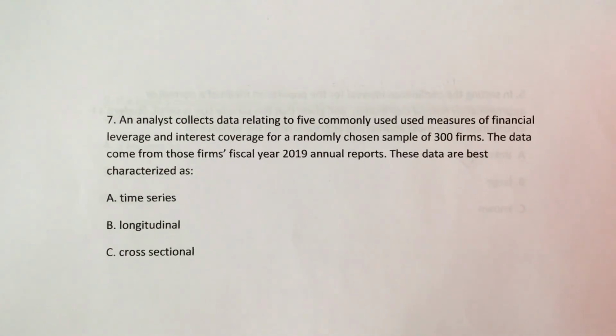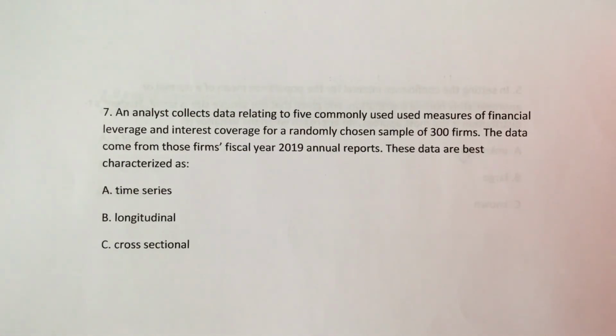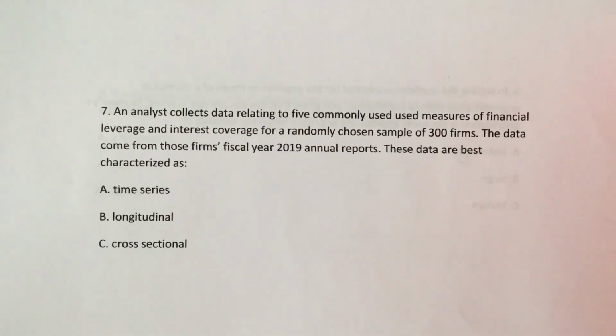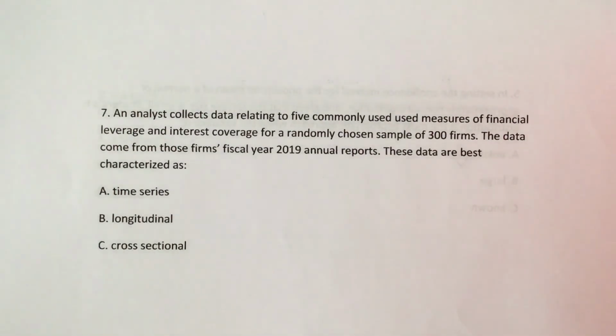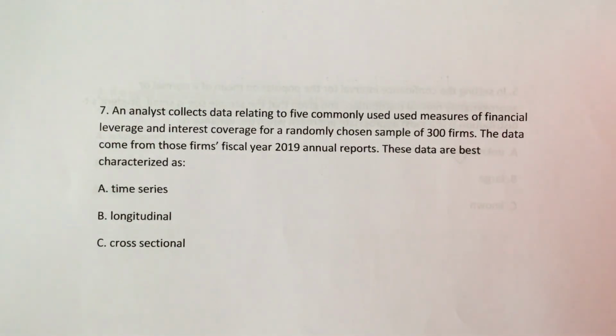Question 7. An analyst collects data relating to 5 commonly used measures of financial leverage and interest coverage for a randomly chosen sample of 300 firms. The data come from those firms' fiscal year 2019 annual reports.